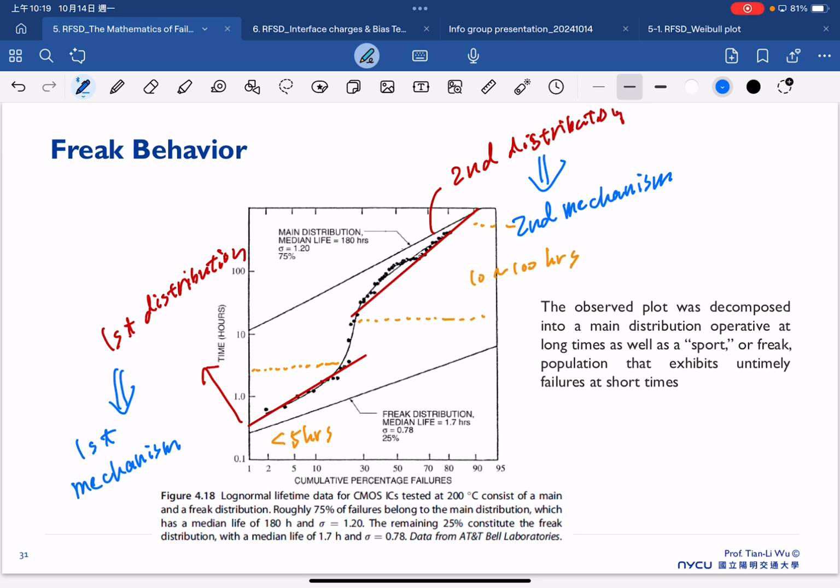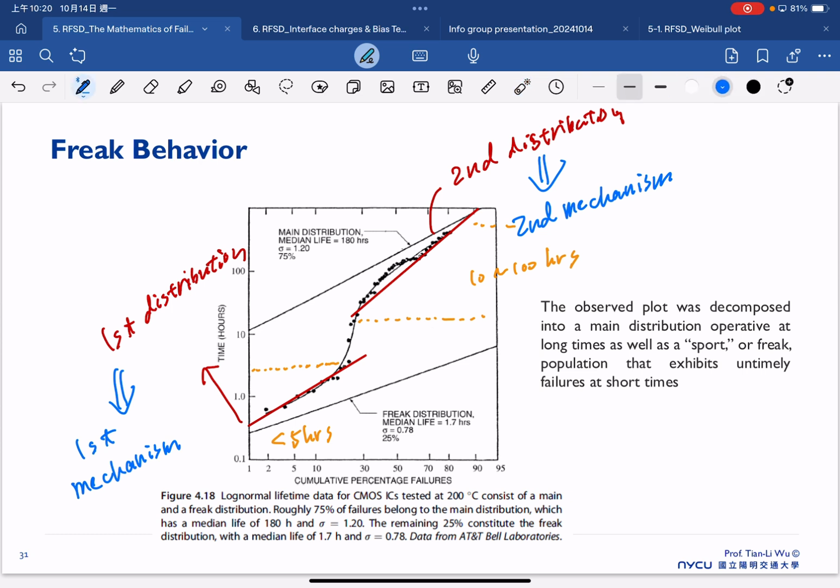So this statistical distribution analysis becomes a tool that allows us to understand what the possible mechanism would be in a different timing range. Based on this graph, if we have a failure time below 10 hours, that probably means one specific degradation mechanism. And if we have a failure time between 10 to 100 hours, that has another failure mechanism.